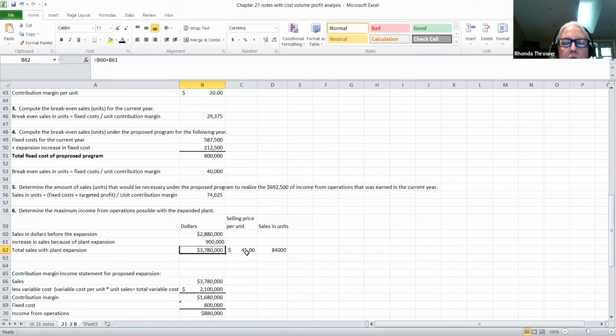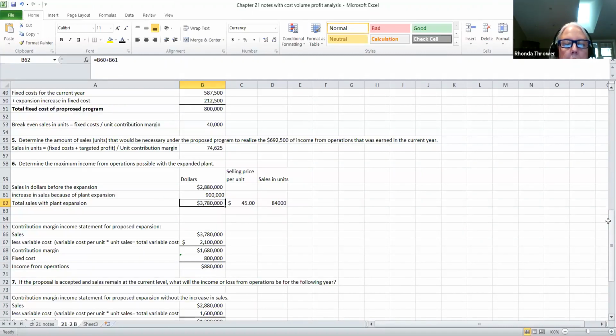If you were to divide that selling price into the total sales dollars, it will tell you how many sales in units are going to be required for this company to determine the maximum amount of income. And so your contribution margin income statement will help you to determine what the maximum amount of income from operations would be.